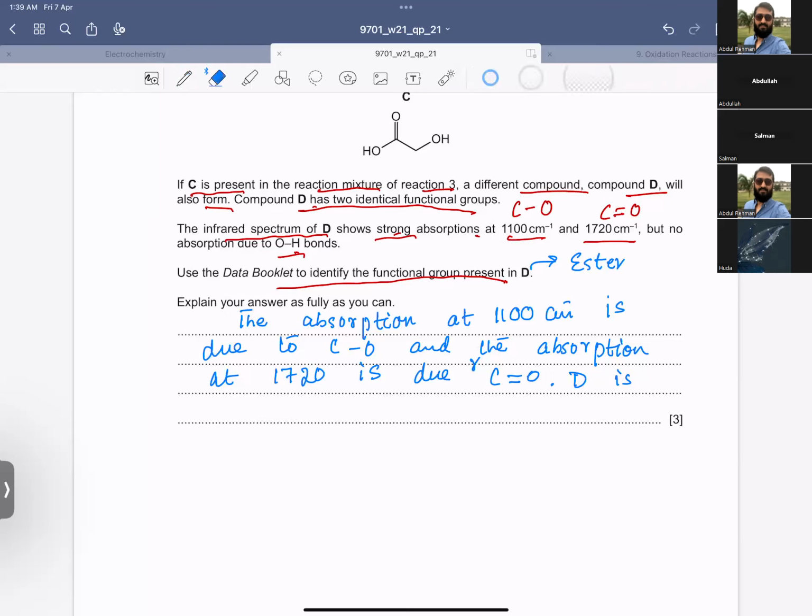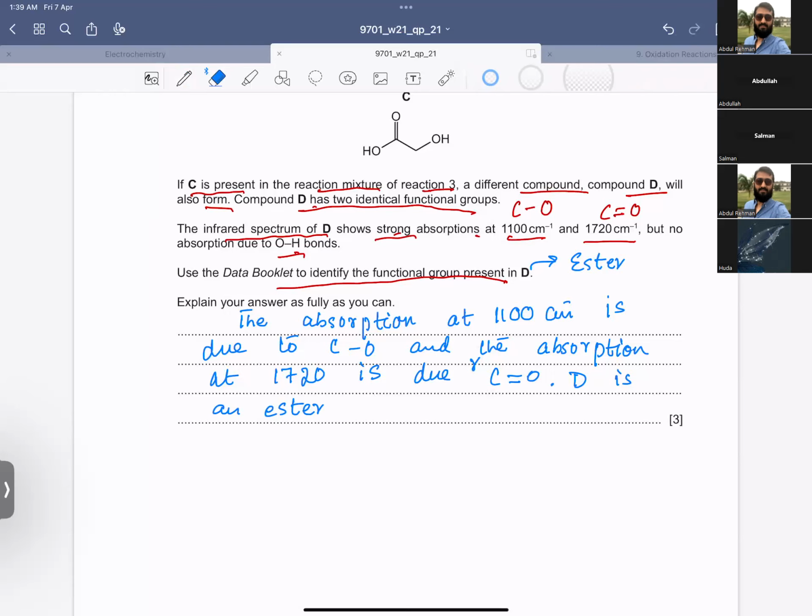D is an ester because it has a C double bond O and C single bond O as well. So it might be an ester.